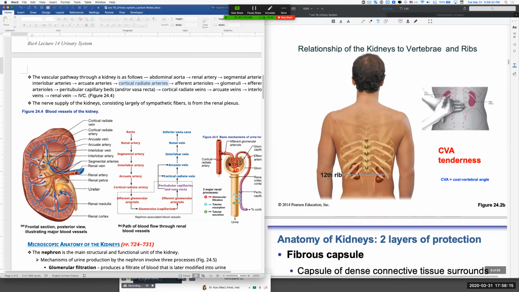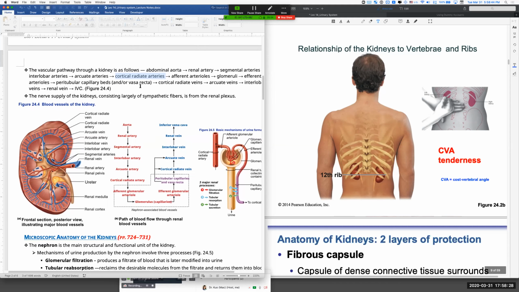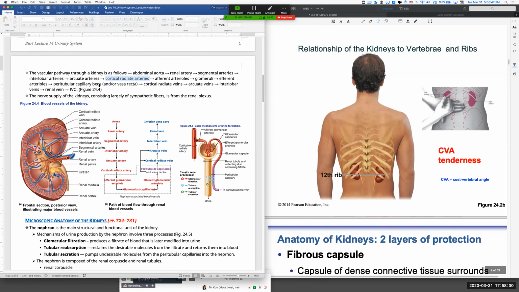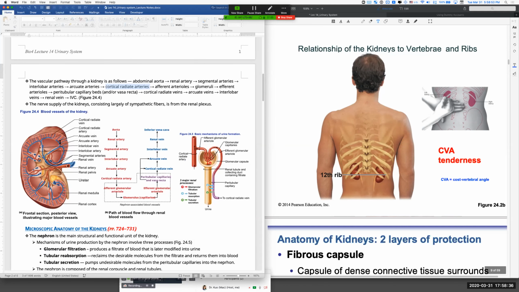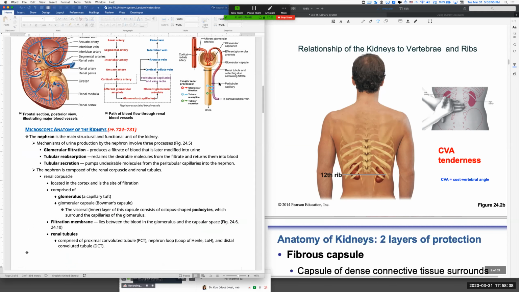And the things that are not filtered into this thing called a nephron will continue on into the efferent arteriole. The blood continues into the efferent arteriole. Efferent arteriole then leads into peritubular capillary beds. The peritubular capillary beds, we have a picture here. So here's a simplified version of it.